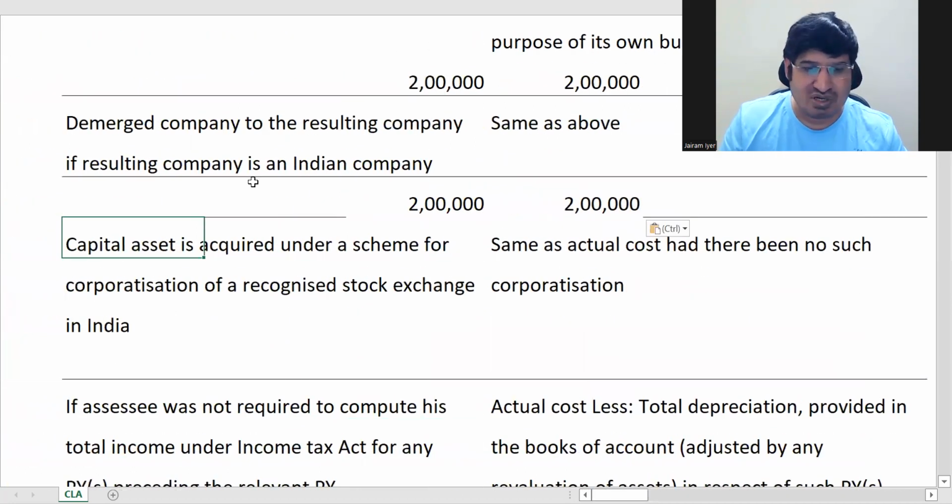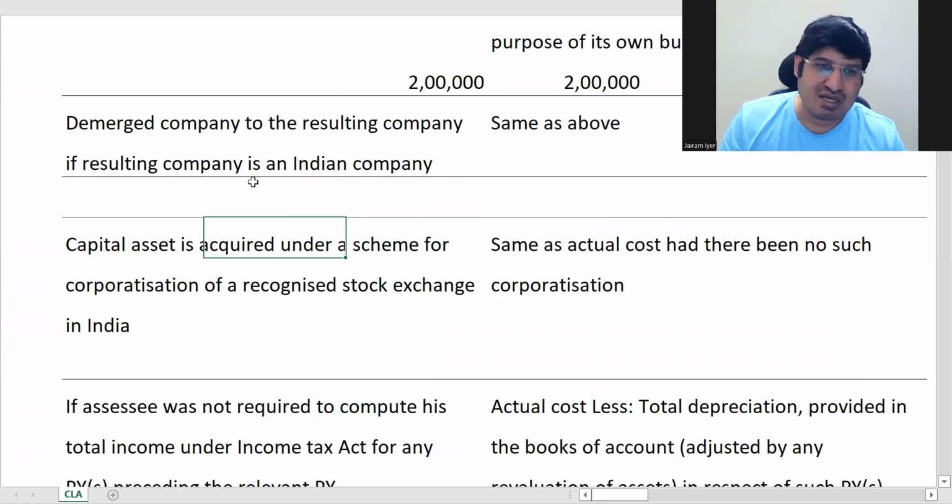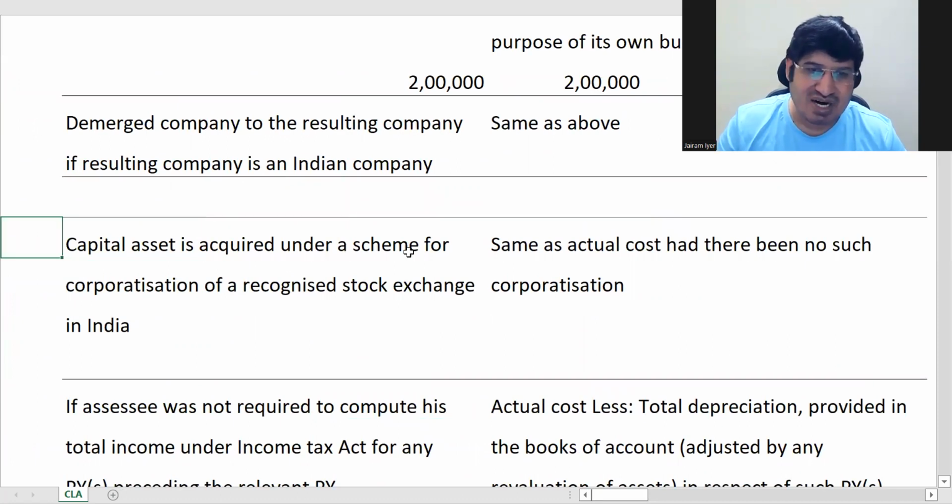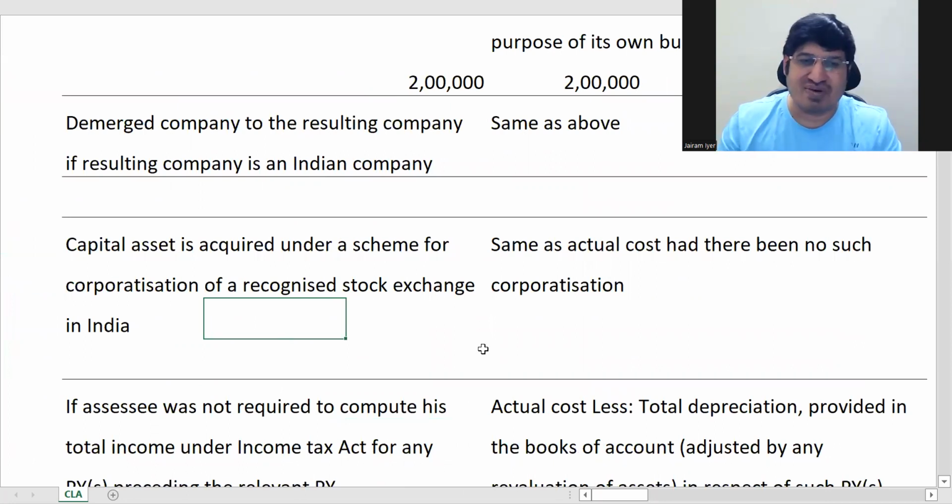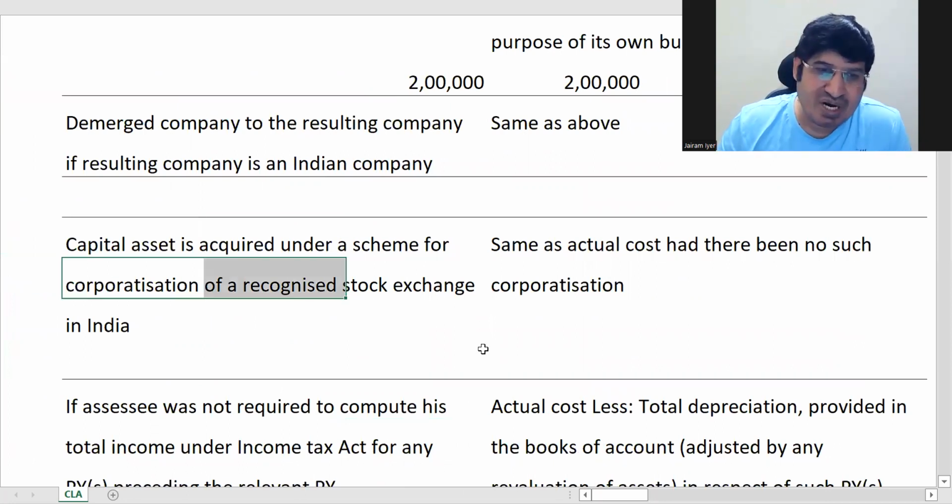नेक्स्ट वाला इज अबाउट capital asset is acquired under scheme of corporatization of a recognized stock exchange. Okay, इसमें भी same as in the books of the previous. इसका ये क्या था, corporatization of a recognized stock exchange.